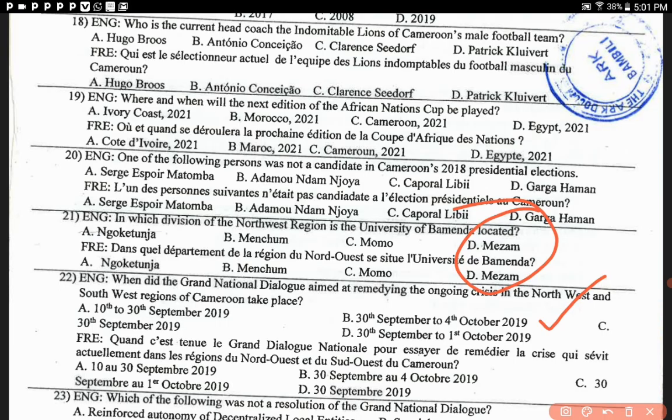The Grand National Dialogue was attended by so many commissions, and these commissions were aimed at providing solutions to the crisis that Cameroon was facing at that time, until the time of recording of this lesson.